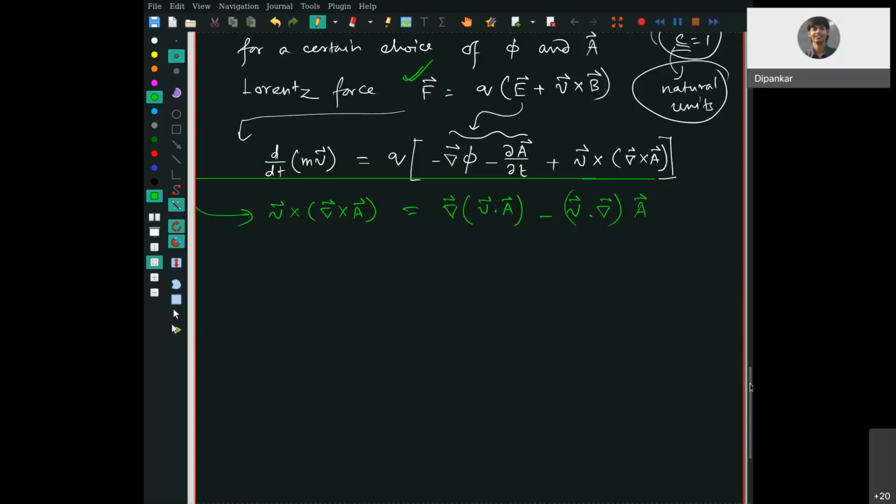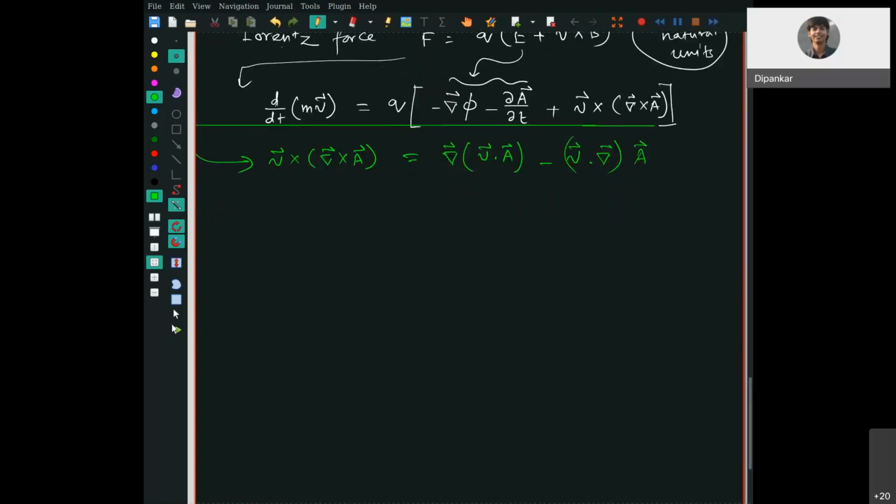So now if you go back to your equation of motion, you use this in the place of this.